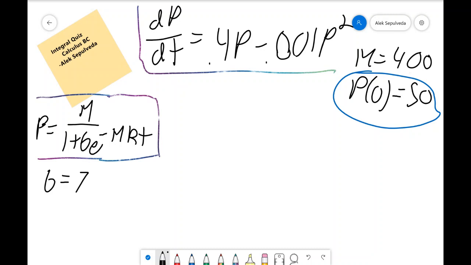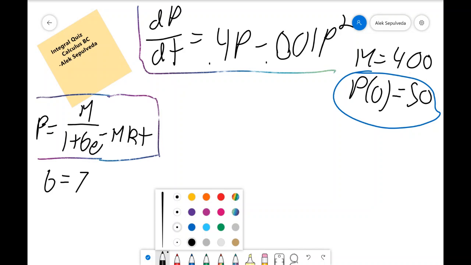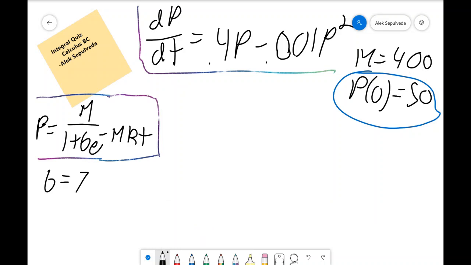To find this, we're going to use another general equation. We're trying to get this entire expression up top to be the same as the general expression KP outside of M minus P, where P is population, K is a constant, and M is the carrying capacity.